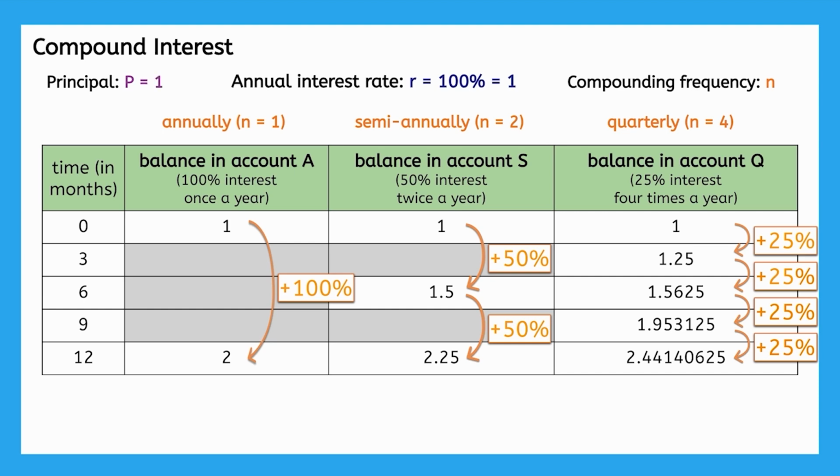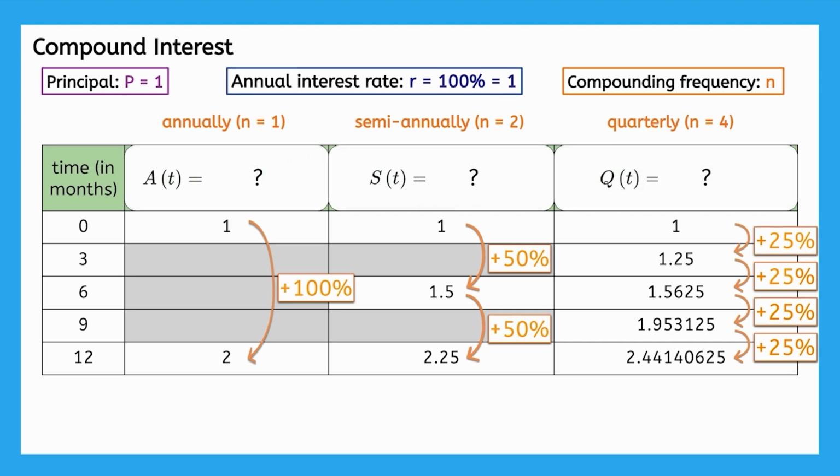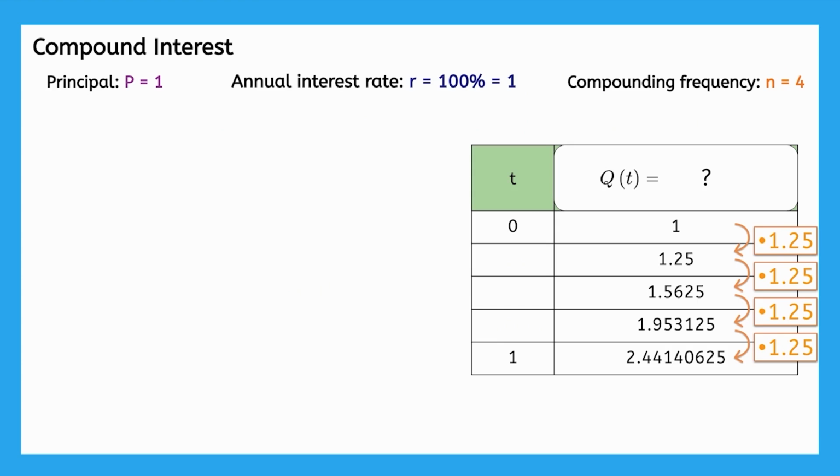Now we'll see how we can use these three parameters to write equations for the balances in these accounts after any number of years. Let's name these functions A, S, and Q of the time t, which we will now switch to years, as it is the preferred unit in financial contexts. We will specifically focus on one of the accounts, the best one, account Q. Does the behavior of this account remind you of a certain type of function we've seen recently?